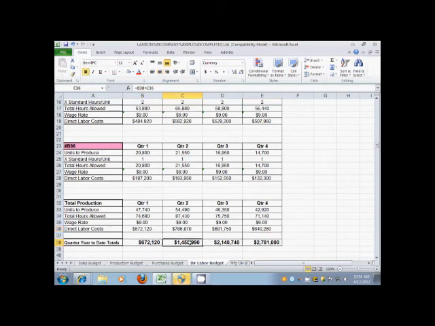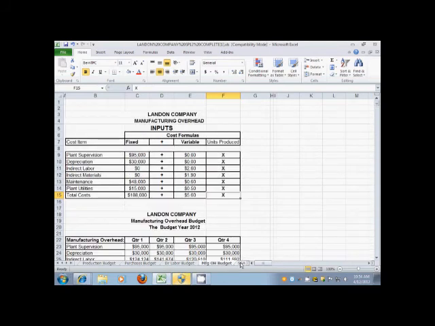Let's go to the overhead budget now, which is going to incorporate something you learned in an earlier module, which is using a total cost formula, where we said total cost equals fixed plus a variable rate times some cost driver.